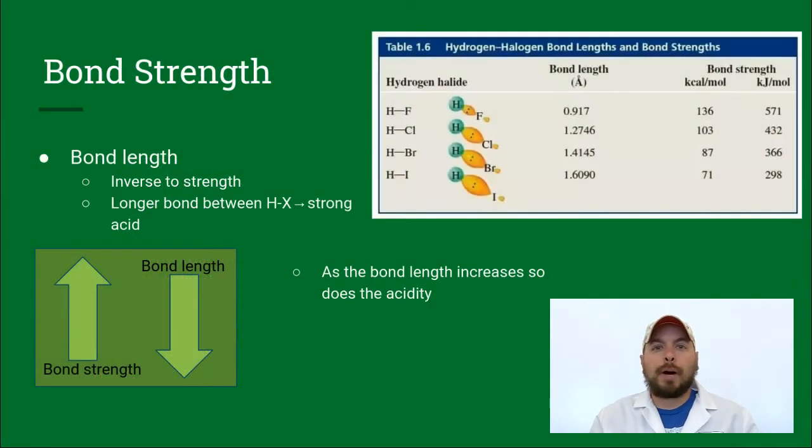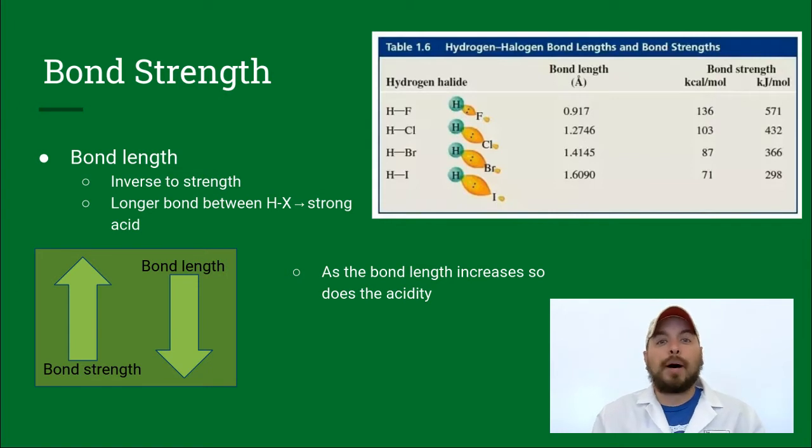So how does bond strength vary within an acid? Well, really within any bond, we can determine its strength based off of two factors. The first factor would be the bond length. So if we look at bond length, it is inverse to the bond's strength.